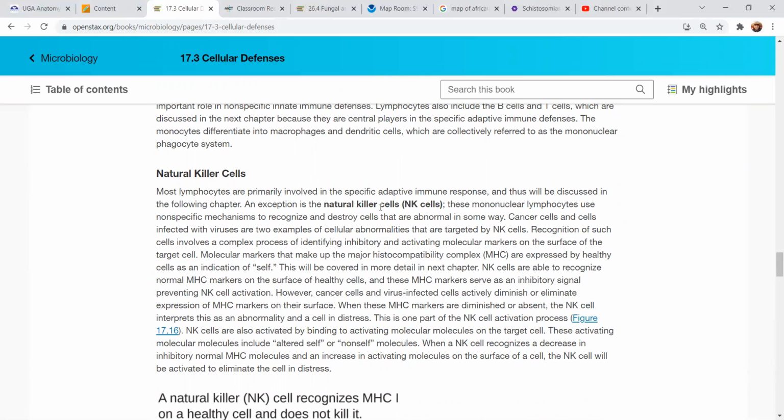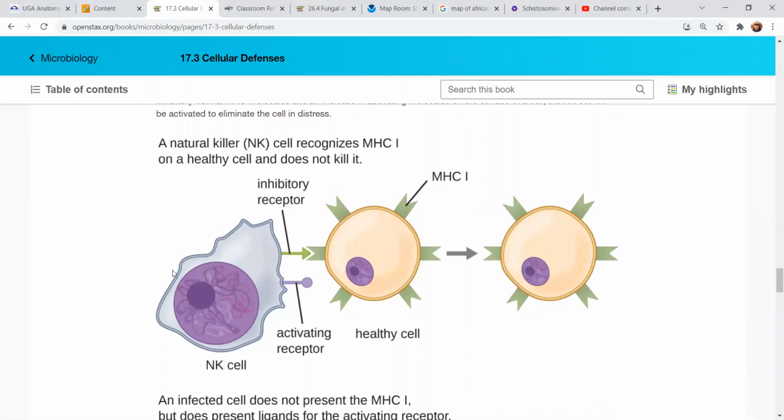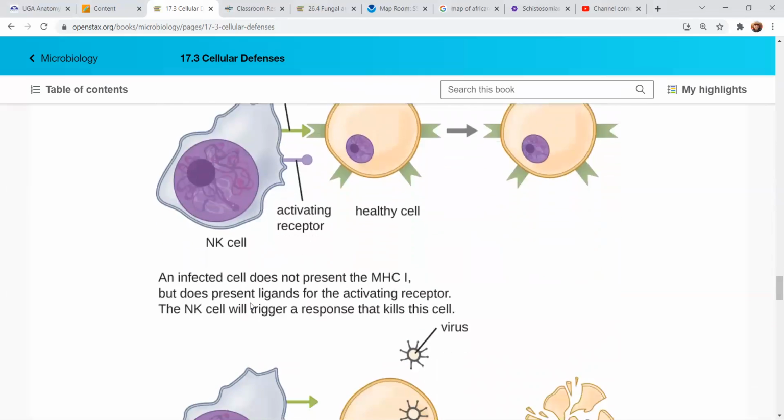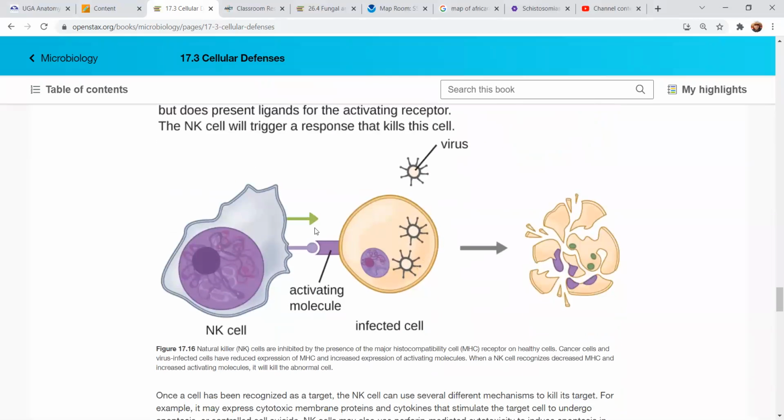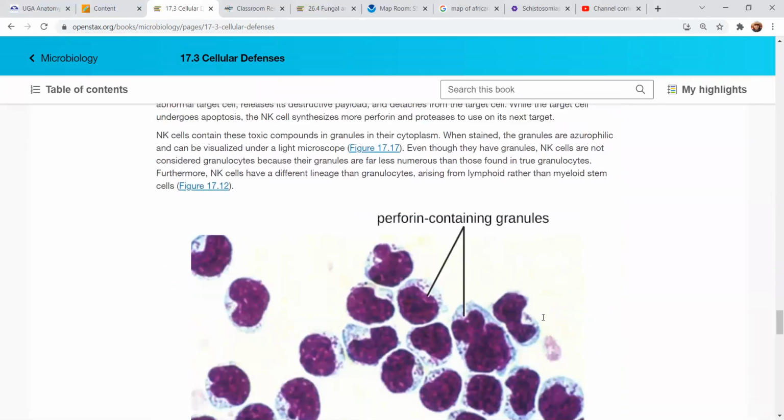And so these natural killer cells can seek those out and destroy them. So here's a healthy cell with the MHC1 molecule. The NK cell is not going to do anything to it. But this one, it's an abnormal MHC molecule, so it's activated and it will destroy that cell.